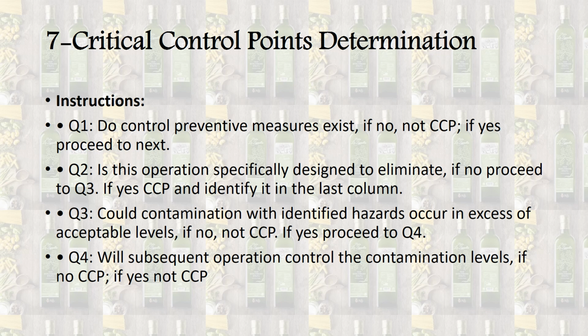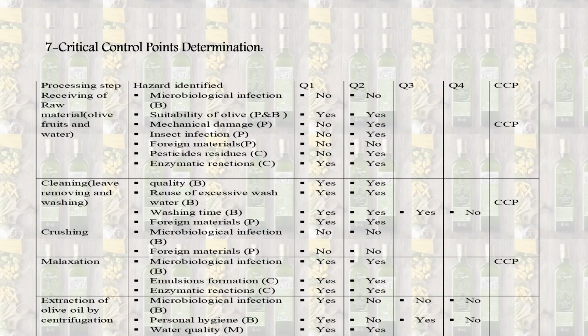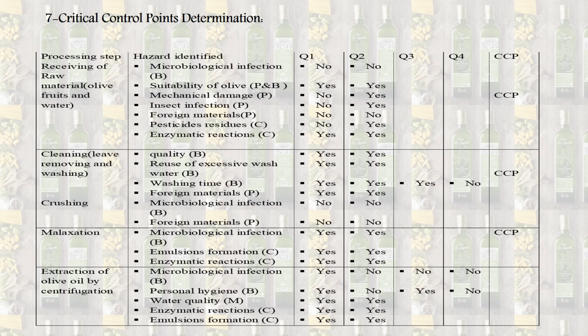We must ask 4 questions for every processing step. We will discuss the receiving of the olive and the same applies to the other processing steps. Question, from the receiving of the raw material to cleaning, crushing, and malaxation until the extraction of oil.